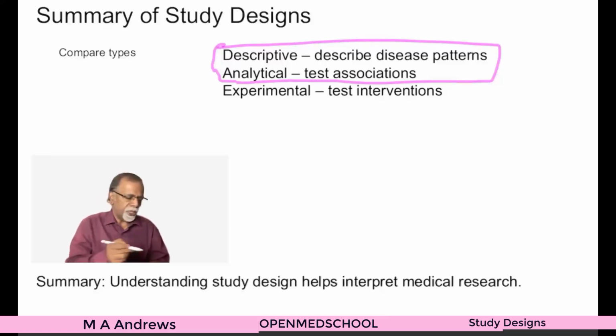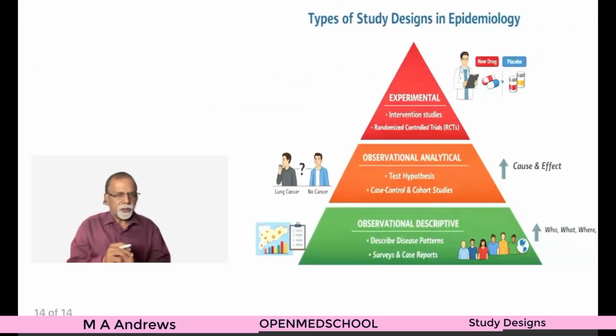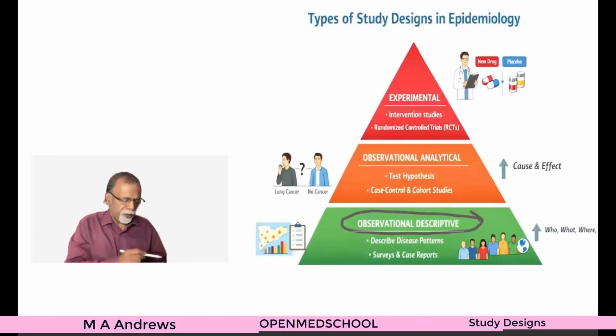In the experimental study, intervention is there. So this is the pyramid. This is the observational descriptive study. What are the things which come under it? Case series, case reports, surveys, all these come under it.